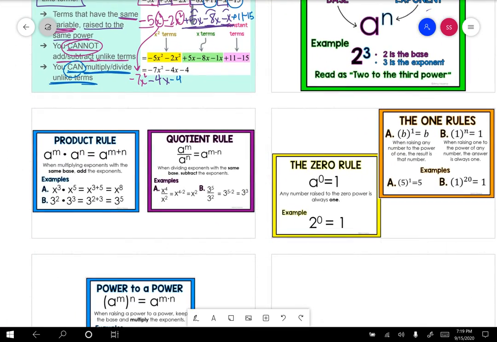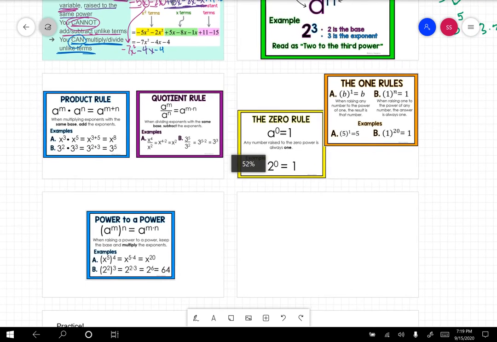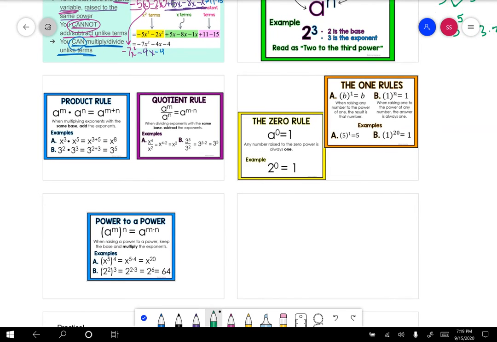So I have these on a cheat sheet for you. That's why it looks a little different here. But let's go over them. The product rule. If we're multiplying like variables, but the exponents are not the same, that's fine. When we're multiplying exponents with the same base, we basically just need to add the exponents together, right?